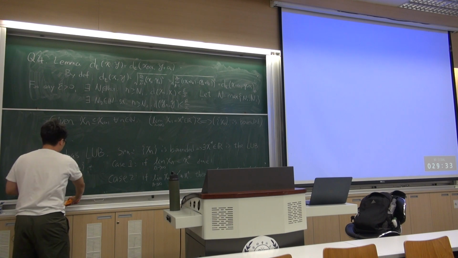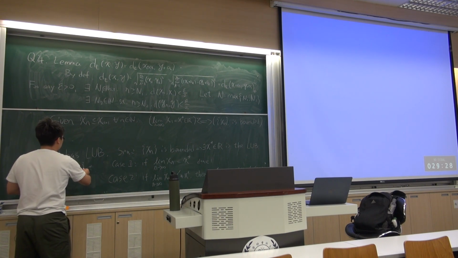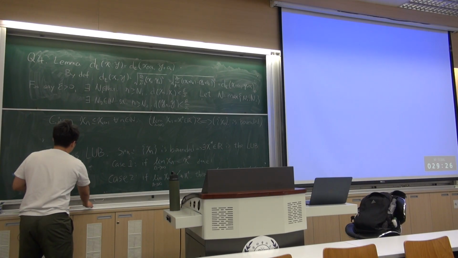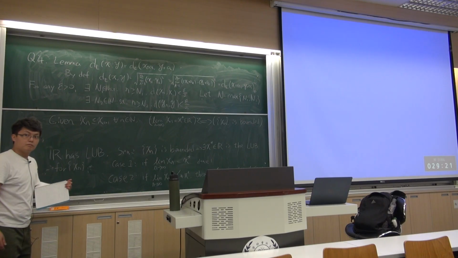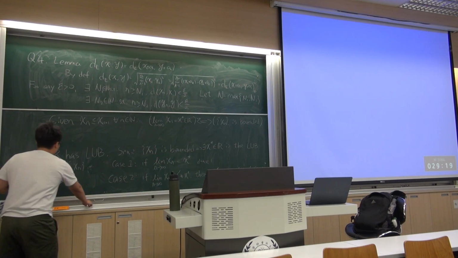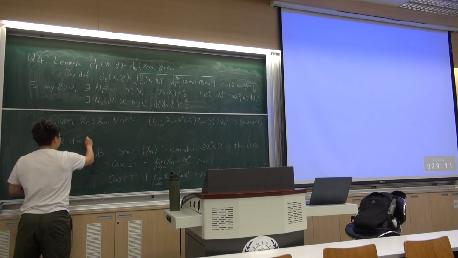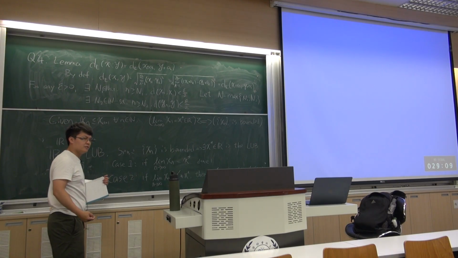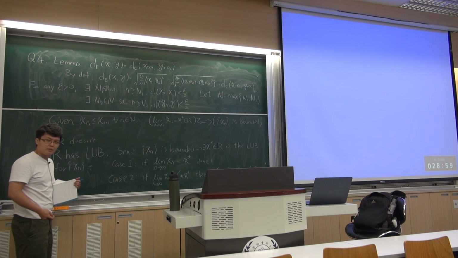The part R has this upper bound, right? This upper bound property, because R doesn't have this upper bound. You mean the real line doesn't have? R doesn't have this upper bound property?